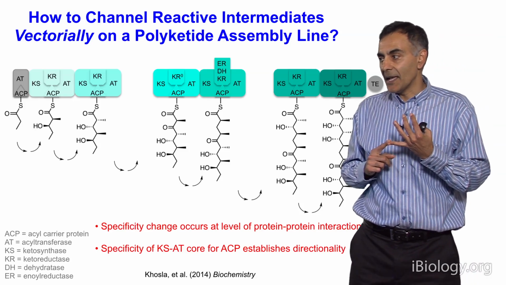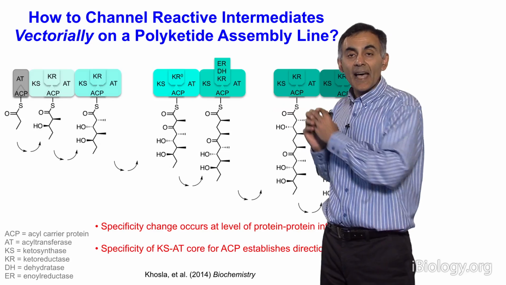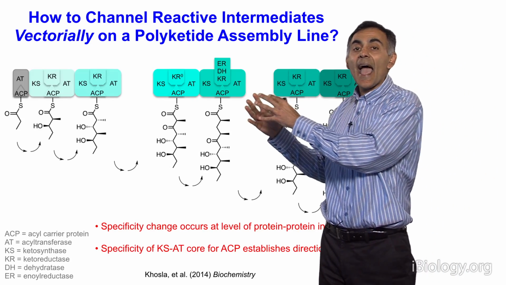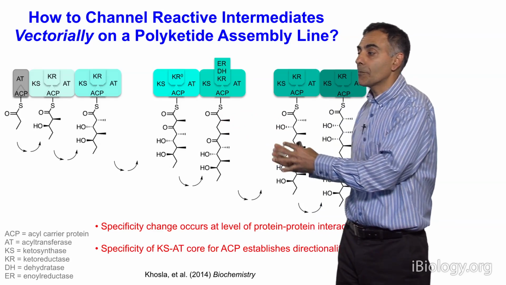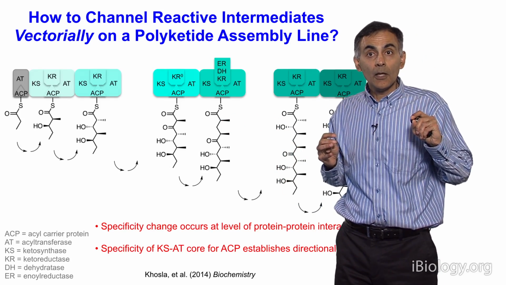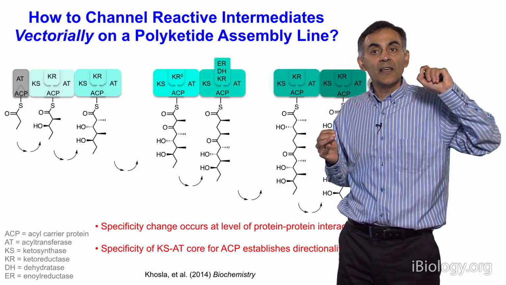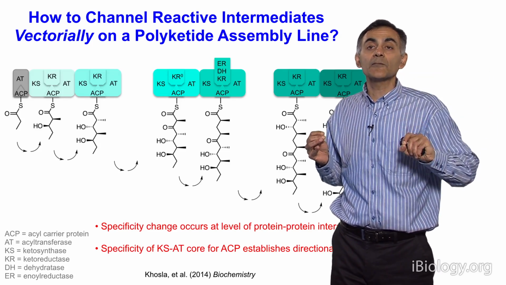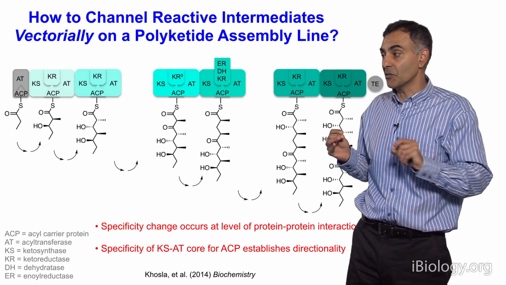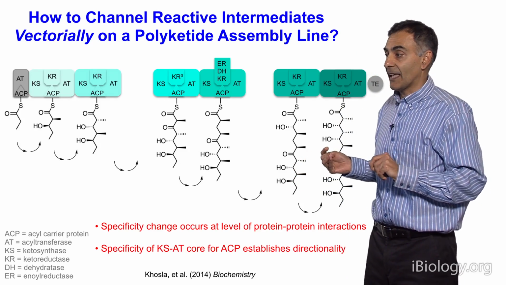The first one is that the specificity change that Jenks talked about, in our context, happens at the level of protein-protein interactions. I gave you an example in my previous lecture of an acyltransferase that has protein-protein specificity in addition to its specificity for its normal substrate. I'll be elaborating on this theme much more in this lecture.